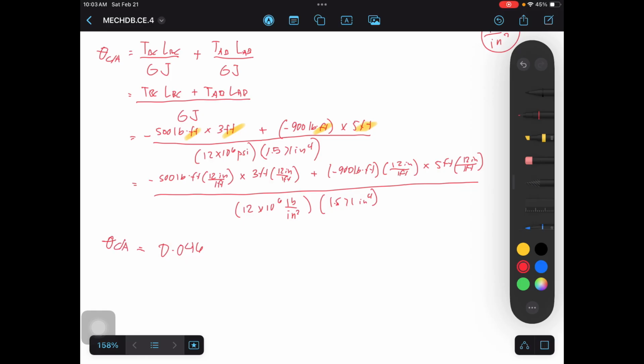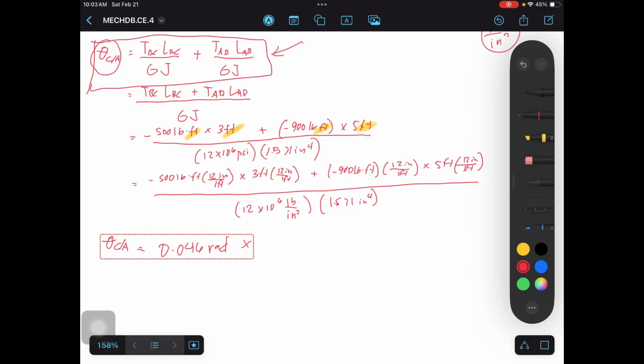So kapag ginamit nyo itong formula na to, ang unit na result nito is radian, no? Pag ginamit mo yung formula na to, always ang theta is in terms of radian. So kailangan natin i-convert ang radian into degrees. So paano natin i-convert? Anong conversion? 180 degree is equal to 1 pi.